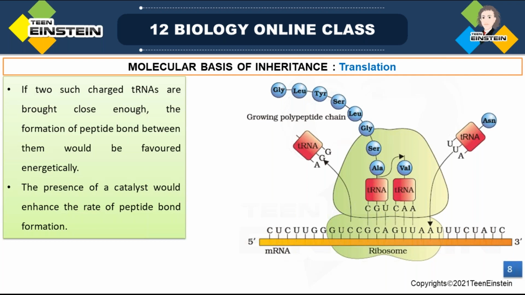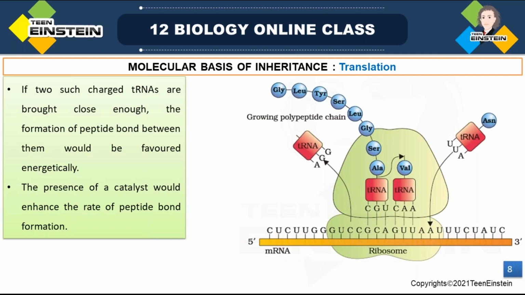And if there is a catalyst, that enhances the rate of peptide bond formation. You people know the role of a catalyst, right? How a catalyst works in an enzymatic reaction.